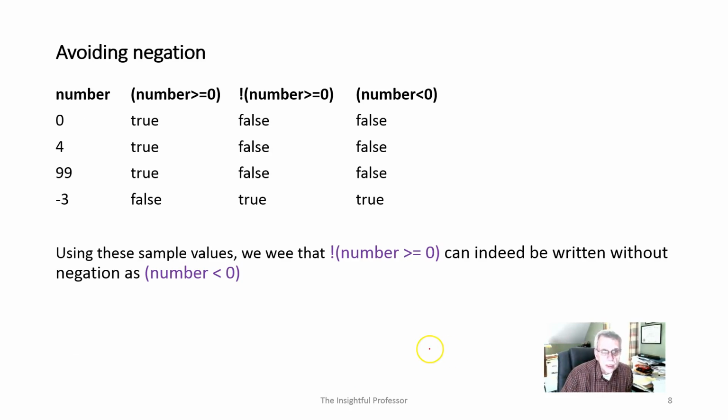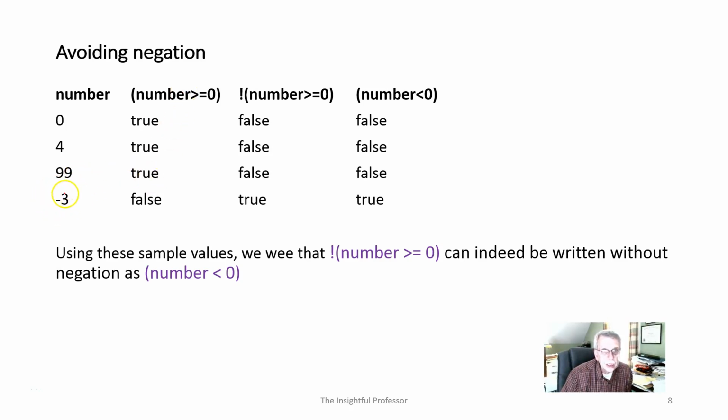Let's walk through a little example to give you more detail. Let's suppose the value of the variable number happens to be 0. The expression number greater than or equal to 0 would evaluate to true. If the value was 4, number greater than or equal to 0 would also be true. And likewise for 99, it would be true.